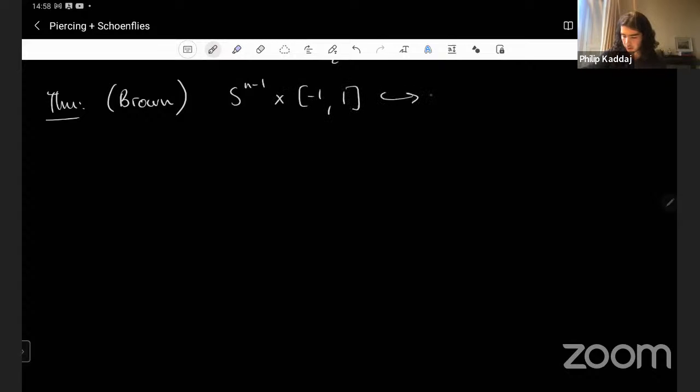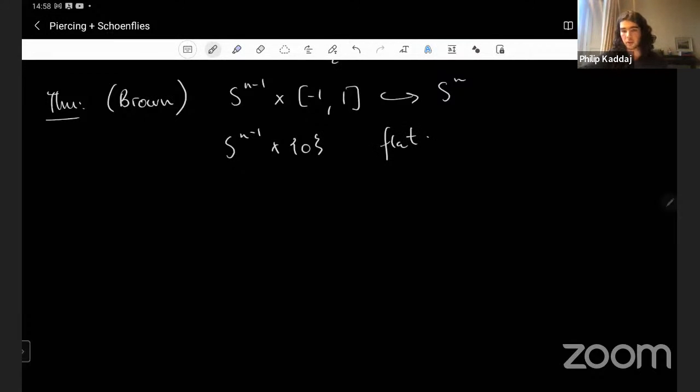Okay, so then we can state the theorem, which was first proved by Mazur, but we are stating Brown's proof, and which is that if S^(n-1) admits a collar, that is an embedding in S^n, then the zero section is flat.